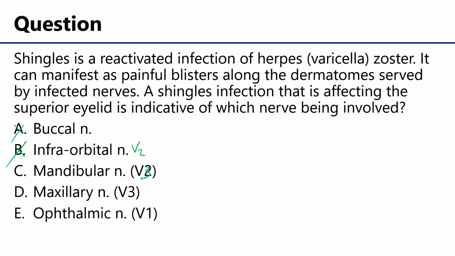Mandibular nerve is V3, so that is incorrect. Maxillary nerve, I see what we did here. That's V2. That's also incorrect. Or ophthalmic nerve, V1. Yes, V1, or the ophthalmic division, is everything superior to the palpebral fissure. So that is the correct answer.